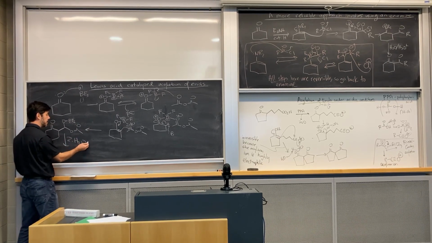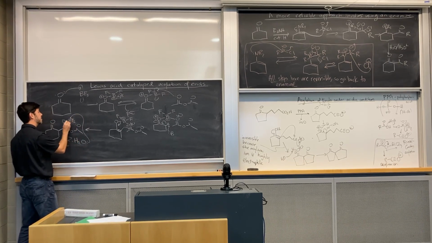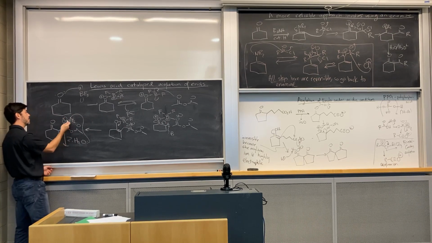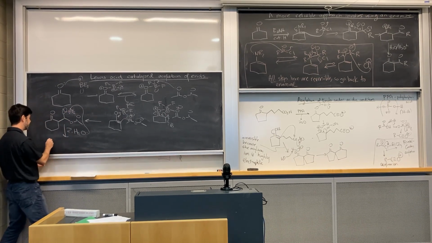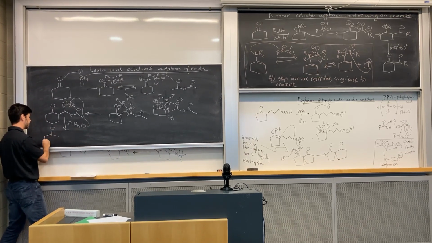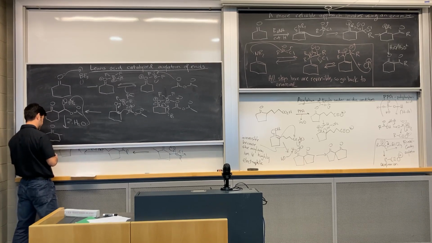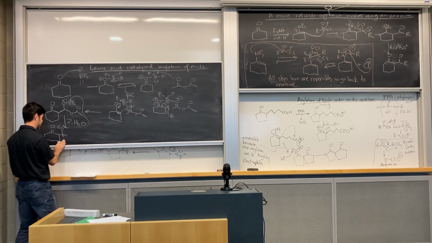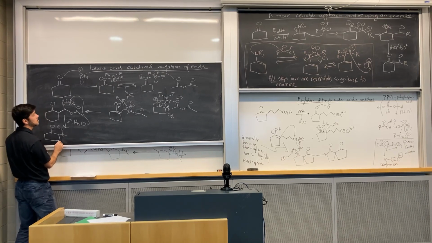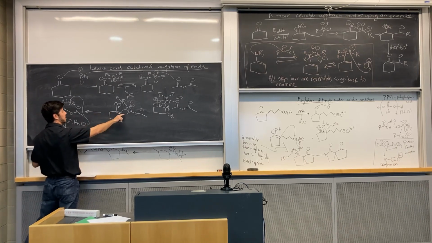And water, having oxygen and electrons, is just simply going to react here and break that boron oxygen bond. So what you'll end up getting, I'm just checking my arrows here.